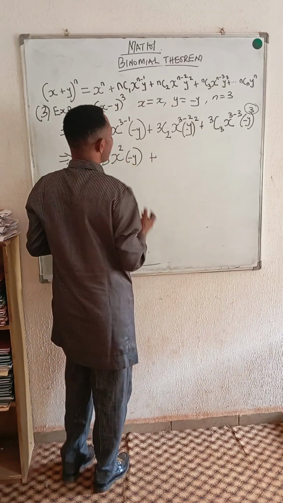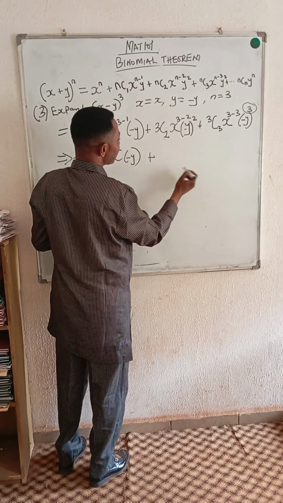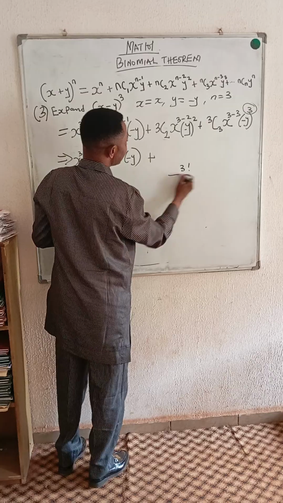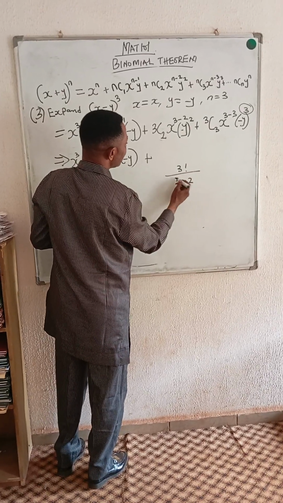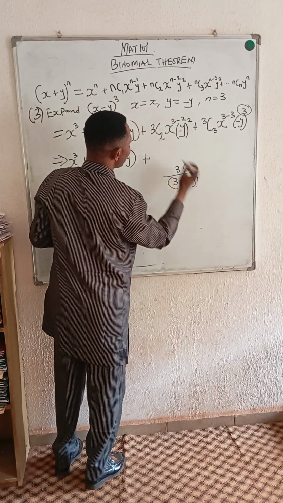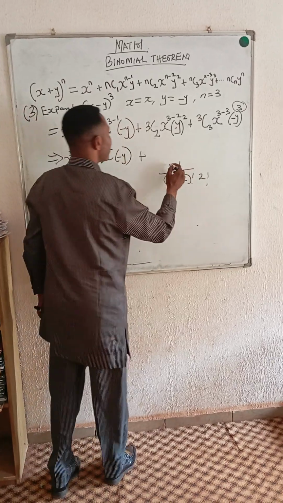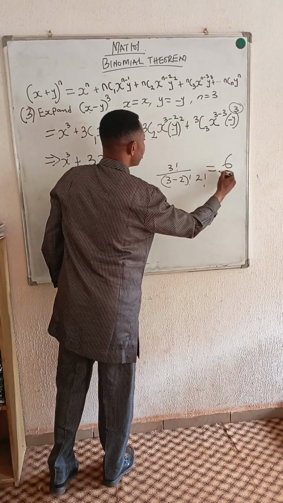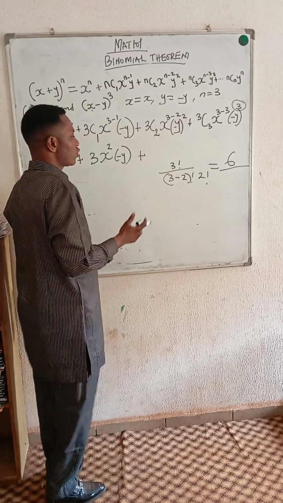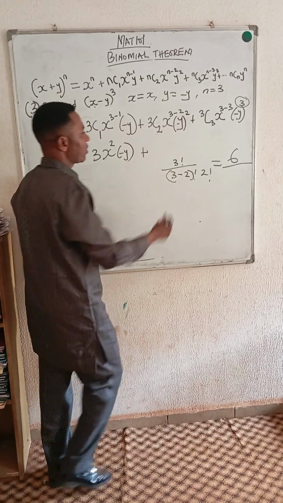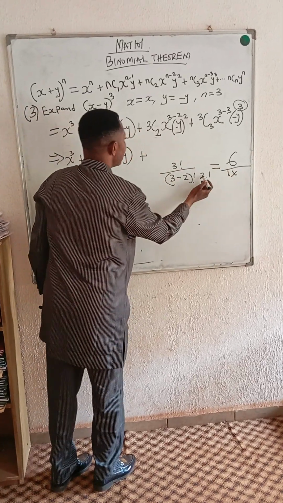Plus, what is 3 combination 2? The same process. It's 3 factorial all over 3 minus 2 factorial, multiplied by 2 factorial. 3 factorial is 6, we did it earlier. Then 3 minus 2 is 1, and 1 factorial is 1, multiplied by 2 factorial.